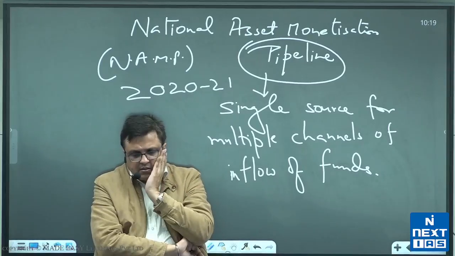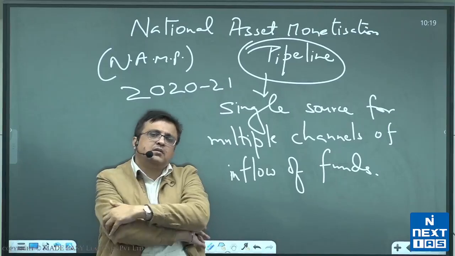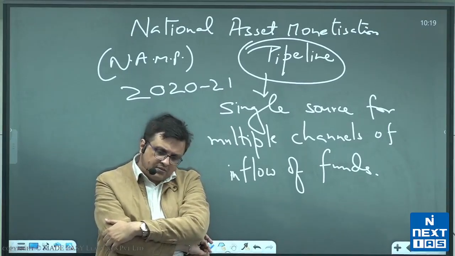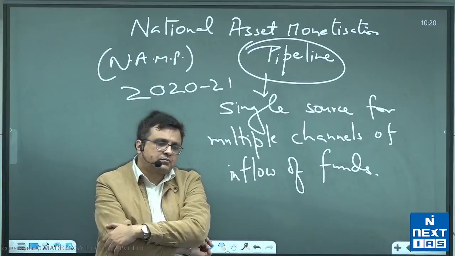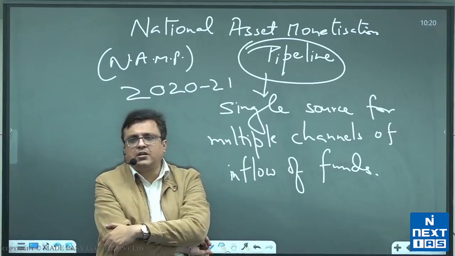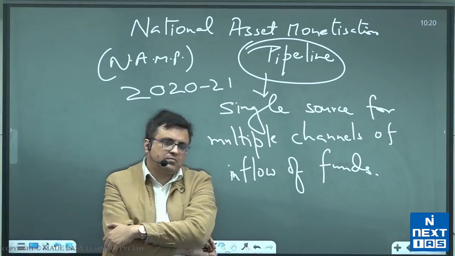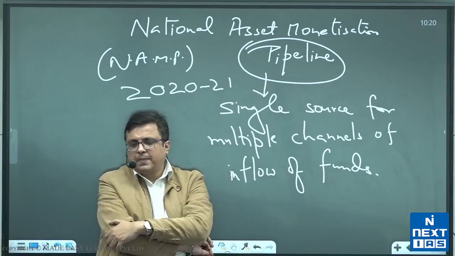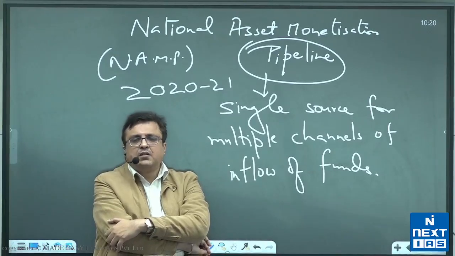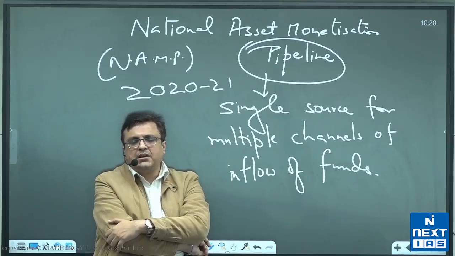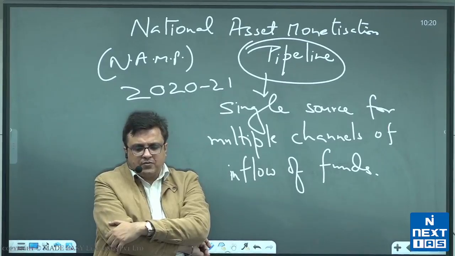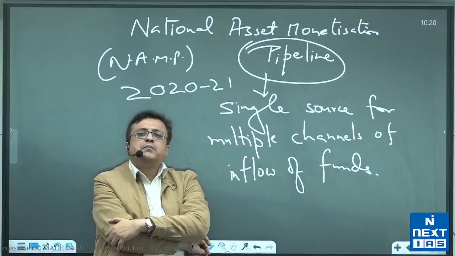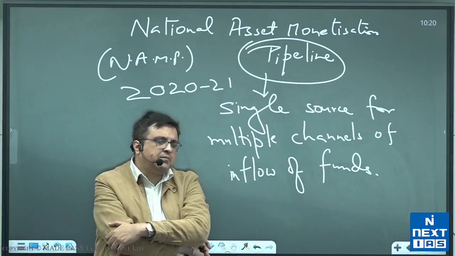Then you write next, fifth point. The proceeds of monetization can be used to develop alternative assets, for example, money collected from toll road can be used in development of PM Gram Sadak Yojana.